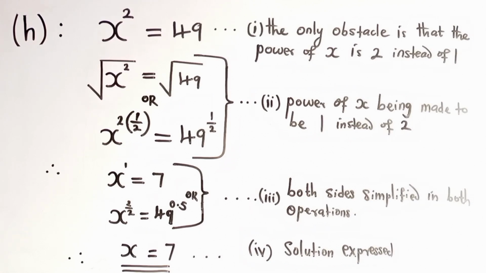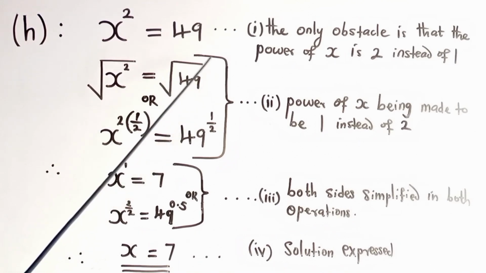The fifth root of a number raised to the power 5 is that same number. What it means is that the square root of something squared will be equal to that same something. That is why x to the power 2, its square root is equal to ordinary x. Don't forget that this x to the power 1 is the same thing as x. Okay, so this is the first method.